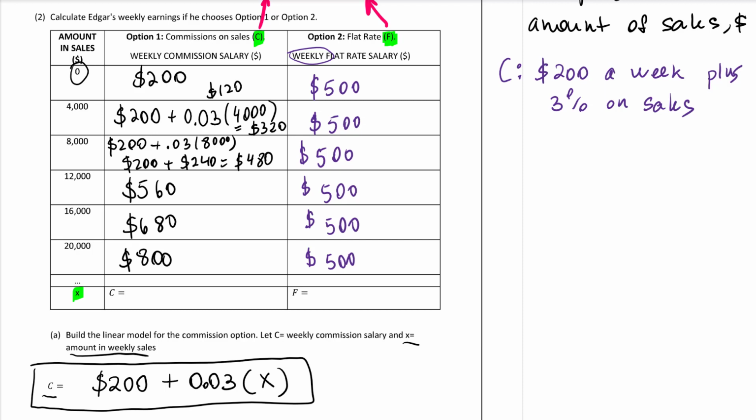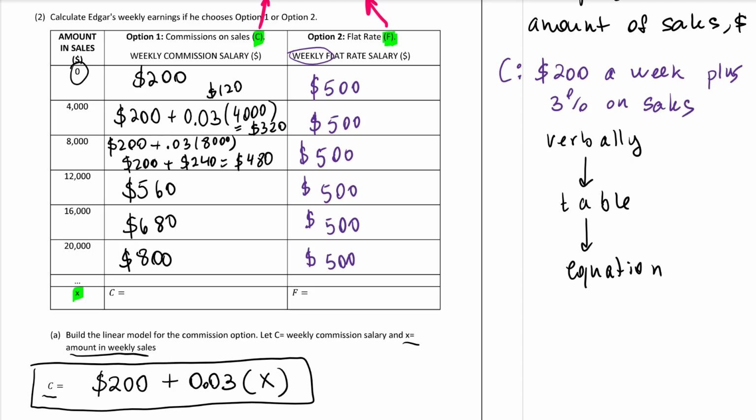So far we looked at the situation, and it was given to us verbally. Then we described it using a table of values. Then we wrote the equation that relates things together.